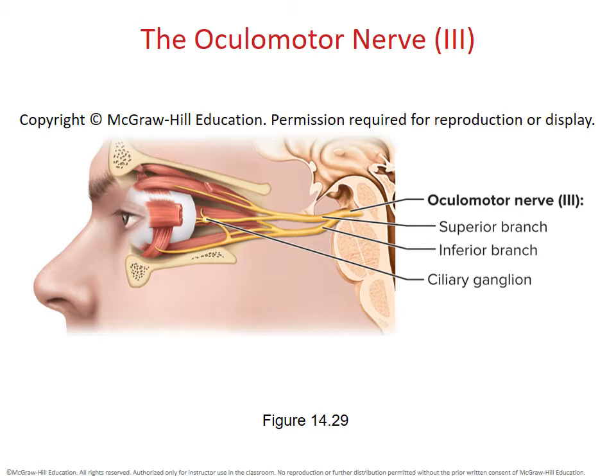The oculomotor nerve also innervates the muscles of the iris, the colored, the pigmented portion of the eye. And of course, the iris does consist of pigmented smooth muscle tissue, and the parasympathetic system is responsible for constriction of the pupil specifically.